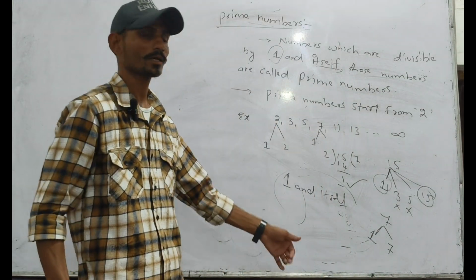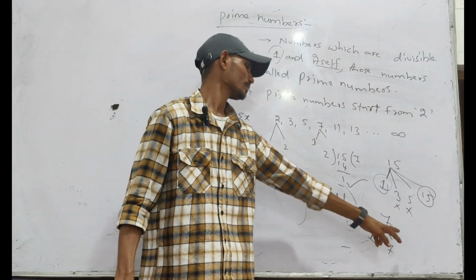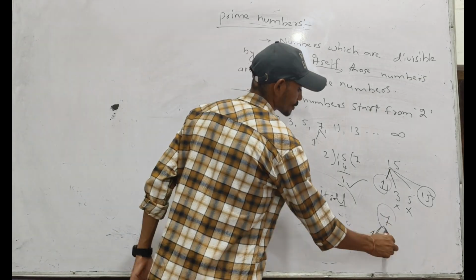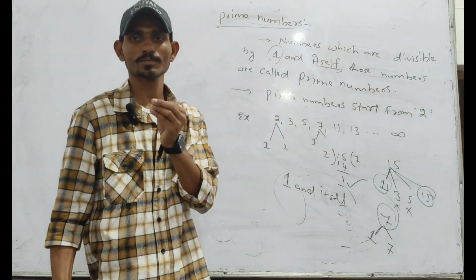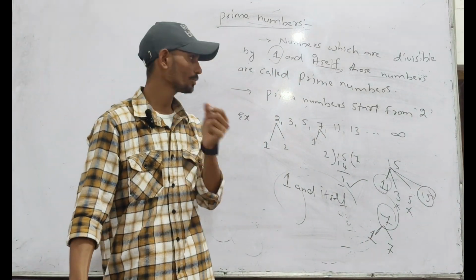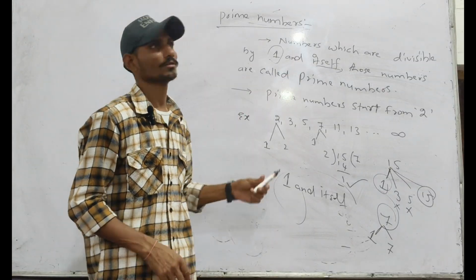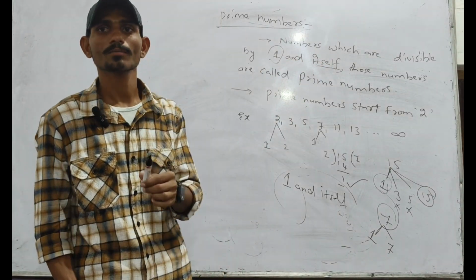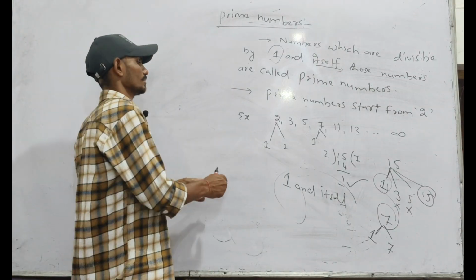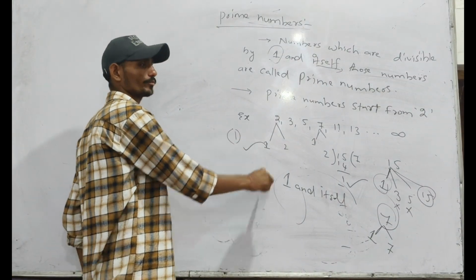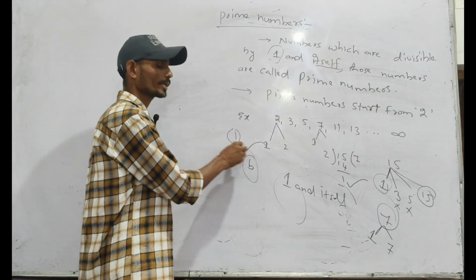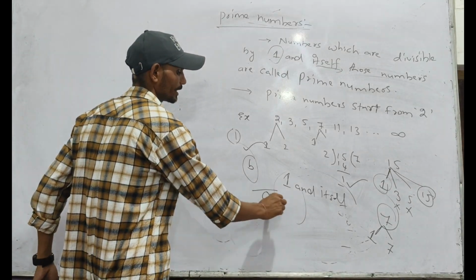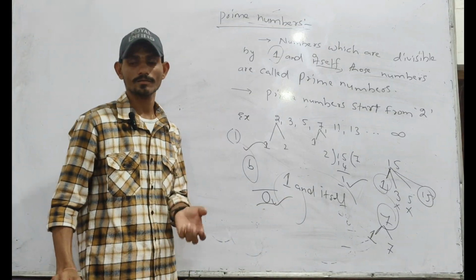It is not divisible by other numbers. That's why we call this a prime number. It becomes an odd number also, but there is a little bit of difference between odd numbers and prime numbers. I gave the definition already: numbers divisible by only 1 and itself are called prime numbers. But for an odd number, the remainder is always 1 when divided by 2. And when divided by 2, numbers with remainder 0 are called even numbers.